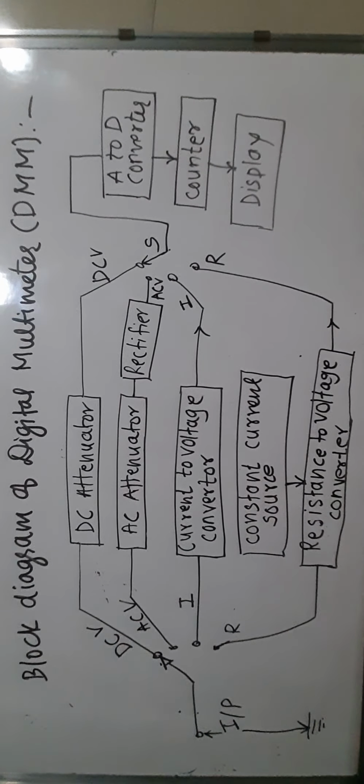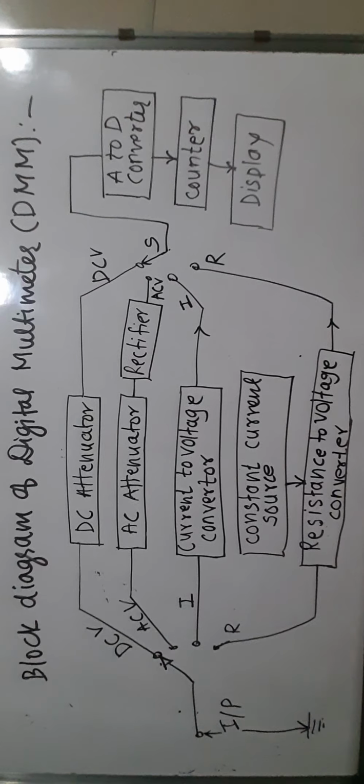Second advantage is it has wide range of measurement, means the measurement range is very wide. It is more accurate than analog multimeter. Then it is highly sensitive. What is meaning of sensitivity? It shows change in output for smallest change in input.